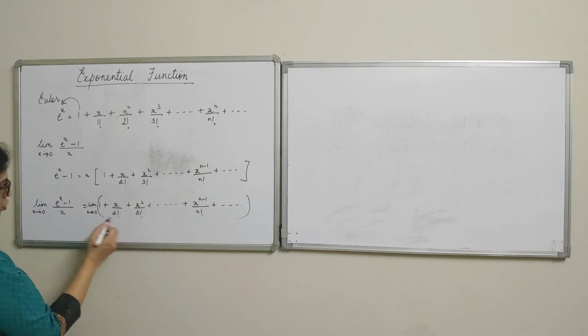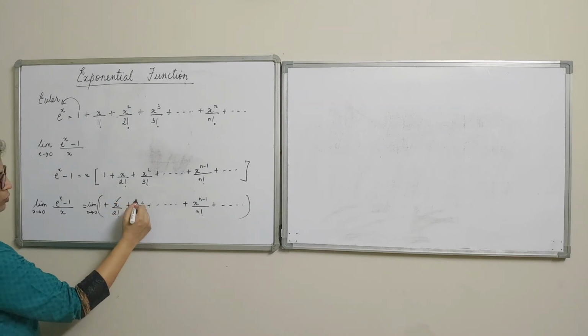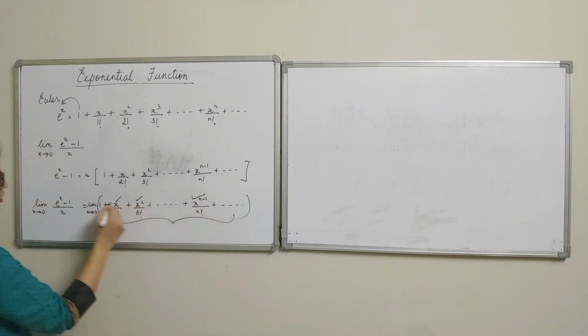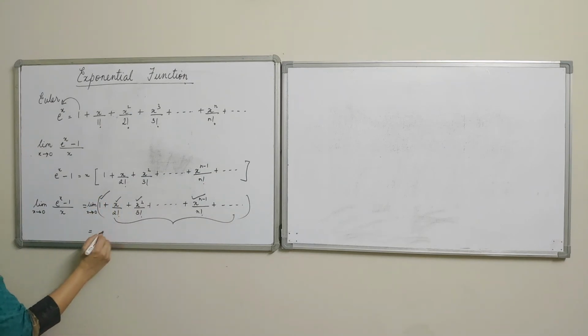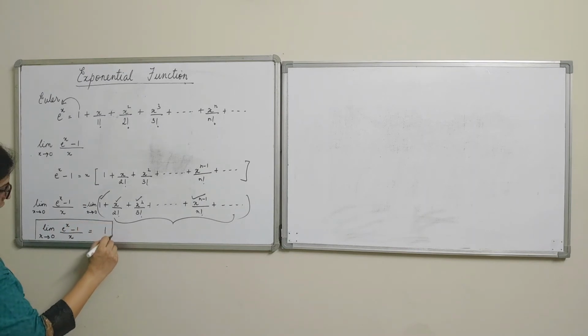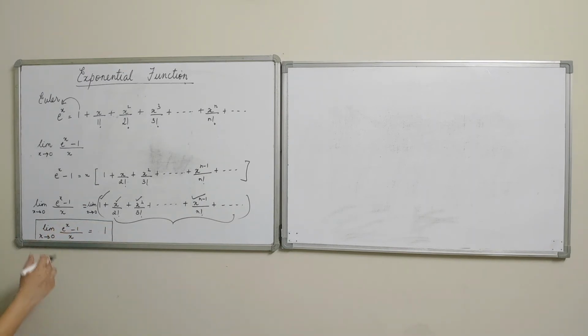Now by direct substitution, the moment you put x is equal to 0, all these terms would convert to 0. What is left is 1. So on the right side we get 1. Hence we get to know that the limit of the exponential function minus 1 upon x, when x tends to 0, is 1. This is an important result which we have used, or we may even use in future.